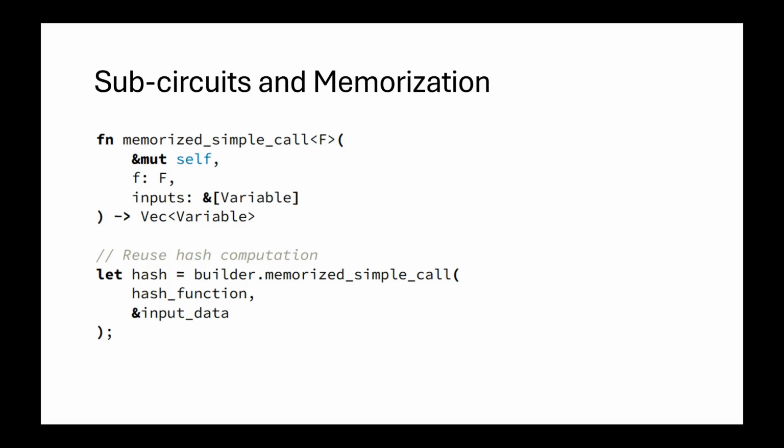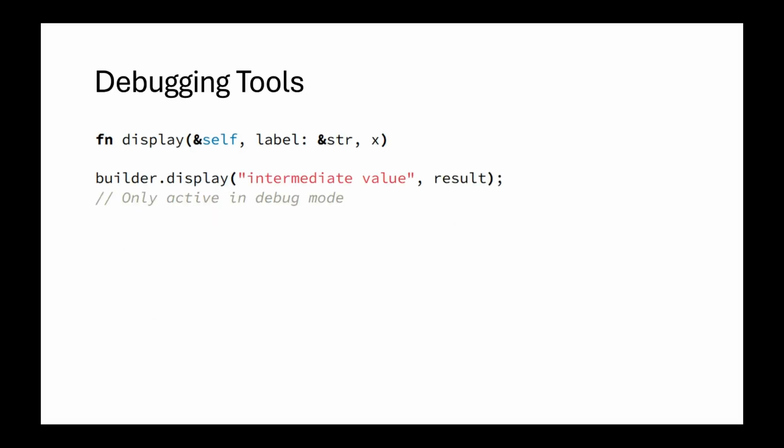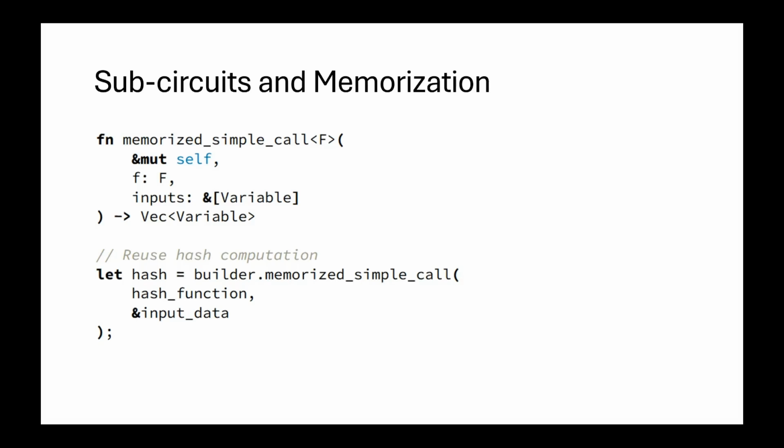Subcircuits are the key point of the expander. Let's think of your circuit as a collection of many components, and maybe you will use one of the components many times.